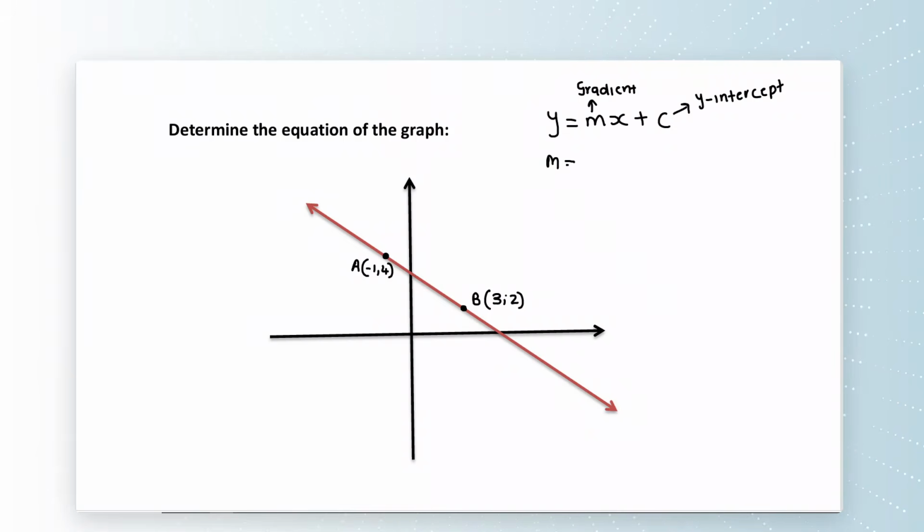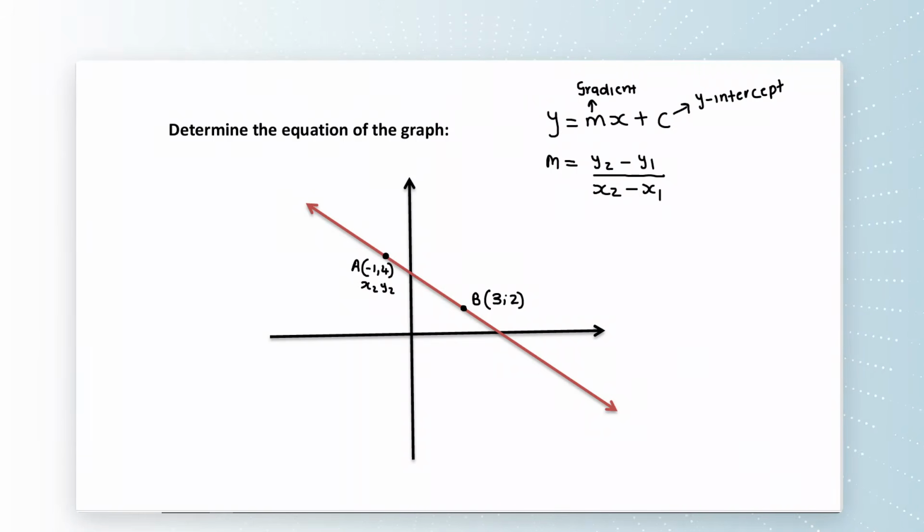Gradient is given by the formula (y2 - y1) over (x2 - x1). At this point you decide. You have two sets of coordinates, A and B. You can decide to have your 2's at B or your 2's at A. So I will choose A to be the 2's, so this will be x2, y2.